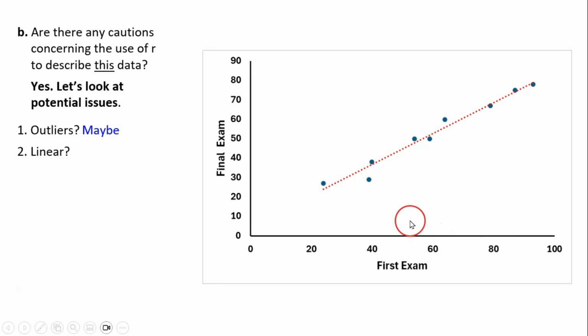Whether or not the data that we have could be linear, we're not sure, but my guess is that if you had more data points, it probably would come close to that. So our conclusion is that our data is probably linear, even though it doesn't look like that right now, because we don't have enough data points to determine that.